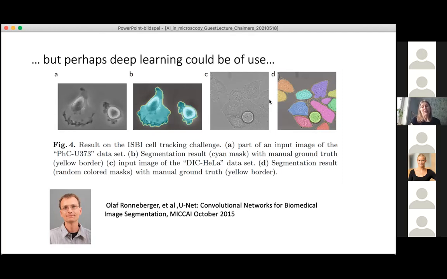Looking at this image of cells, visually we can see the outline of the individual cells, but solving a segmentation of these unstained cells with traditional approaches, trying to describe it mathematically, is super difficult. And when I saw these results, I was really, really impressed.